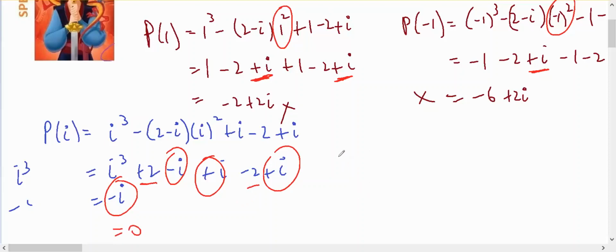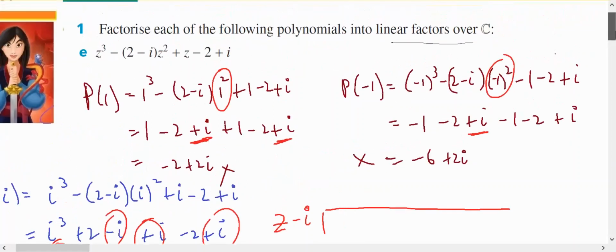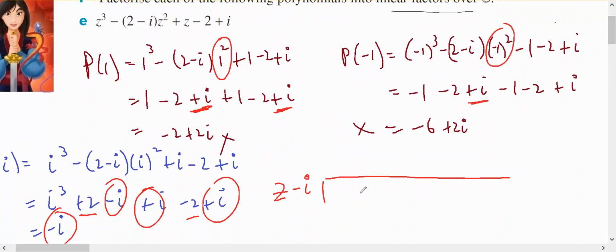Okay, so my division is z minus i into z cubed. I'd like to put that negative inside there, so plus minus 2 plus i z squared, plus z minus 2 plus i.